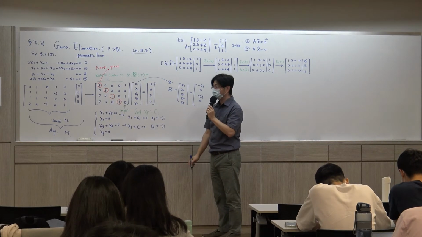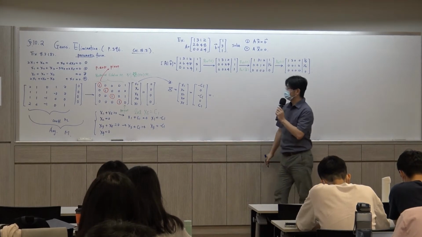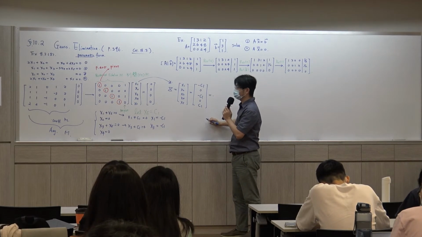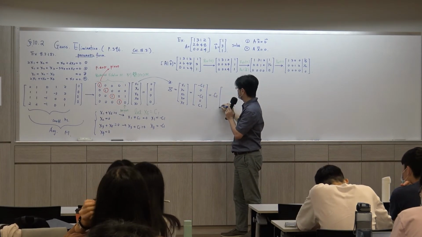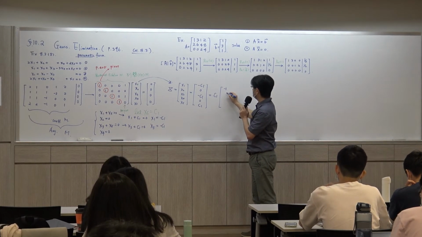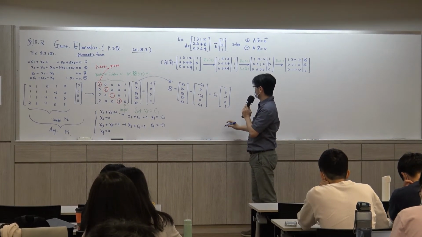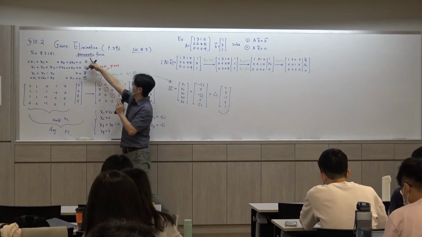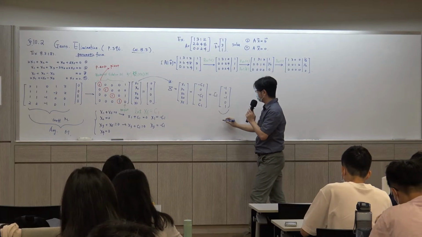S5, our assumption, equals C1. So here we can describe the solution with a parametric form. We let C1 come out, so we have minus 1, 0, minus 1, 0, 1. So it's called the parametric solution, 参数集.